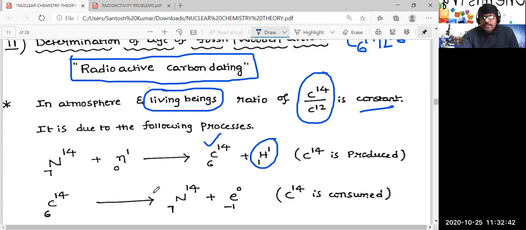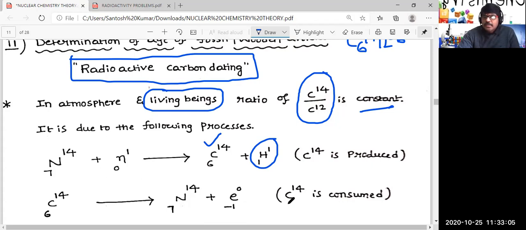In the next video, we'll be discussing the factors affecting stability. There we'll learn how the neutron proton ratio affects stability of the nucleus. But carbon 614 is unstable, and it undergoes disintegration and shows beta emission.